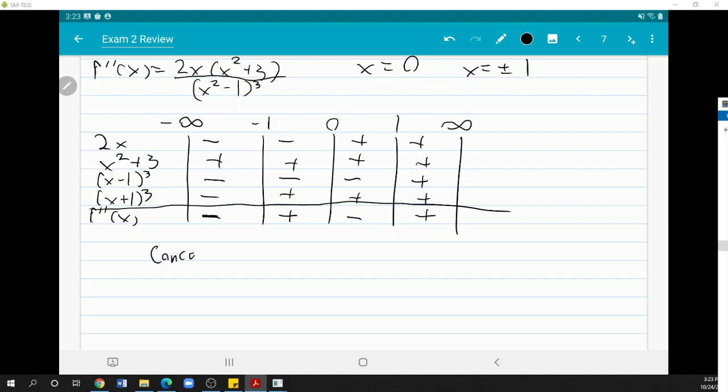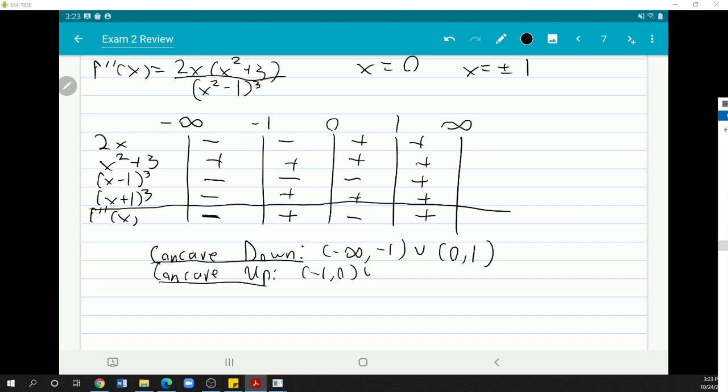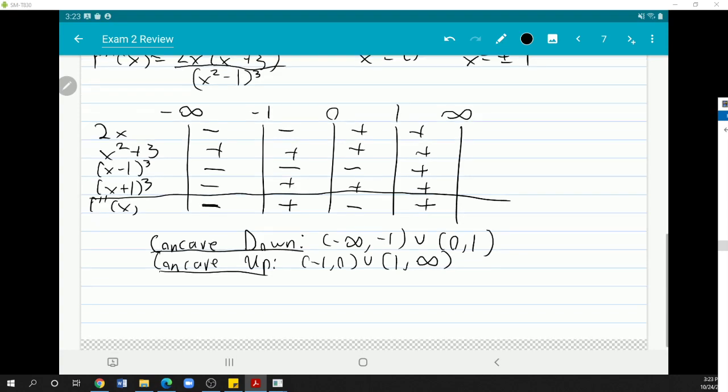So this thing is concave down on minus infinity to minus 1, together with 0 to 1, and concave up from minus 1 to 0, together with 1 to infinity.